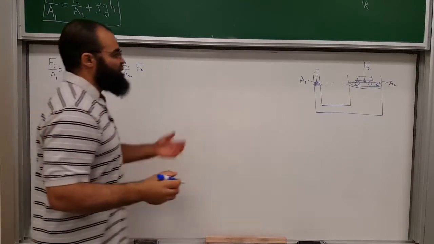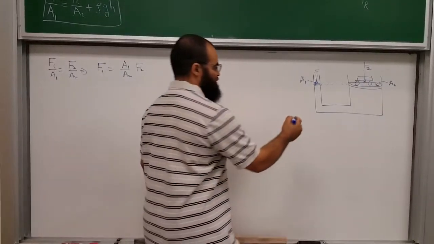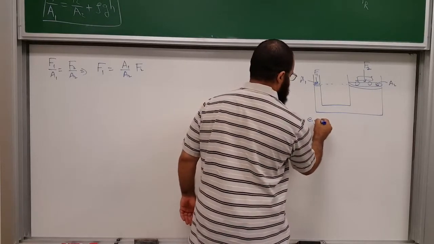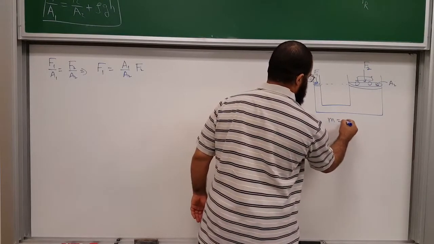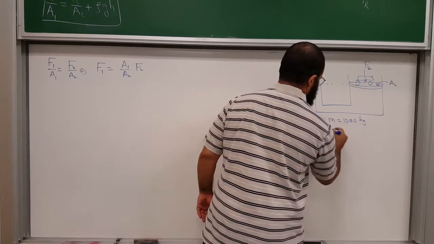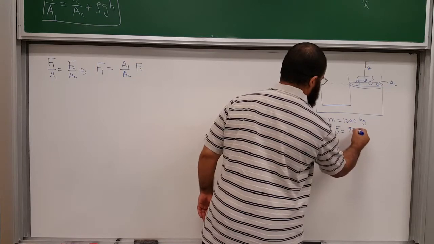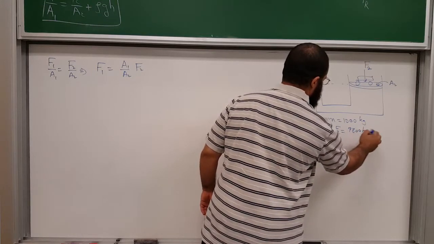So F1 equals area 1 divided by area 2 times F2. For example, if the mass of the car is 1,000 kilograms, then F2 is just the weight of the car, 9,800 newtons.